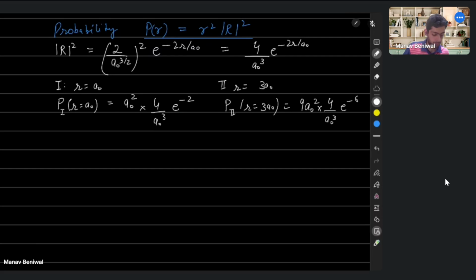If we solve this, this will cancel out with this, and we have 4 by a naught e to the minus 2, and again this a naught will cancel, and here we have 36 by a naught e to the power minus 6.